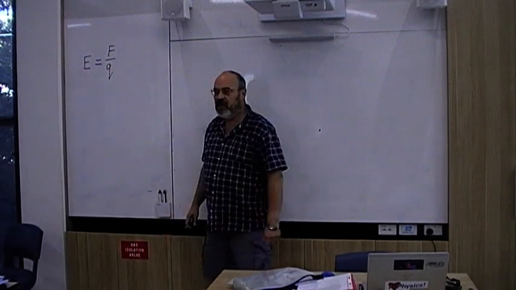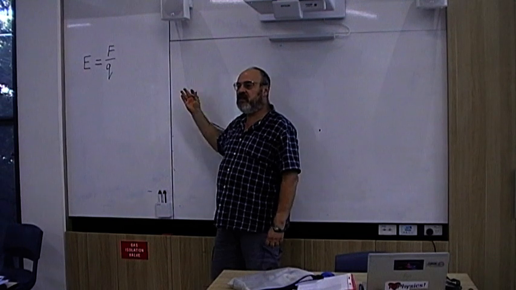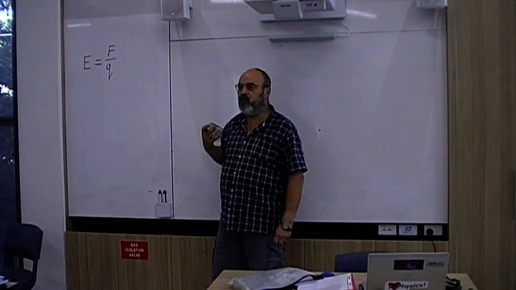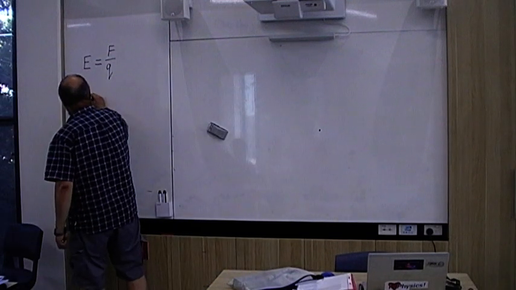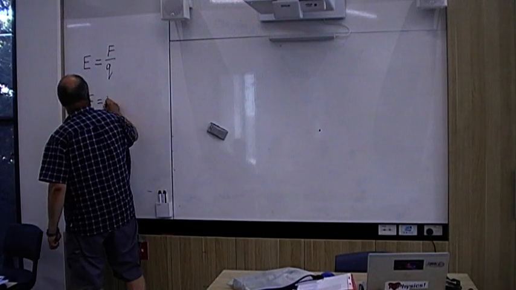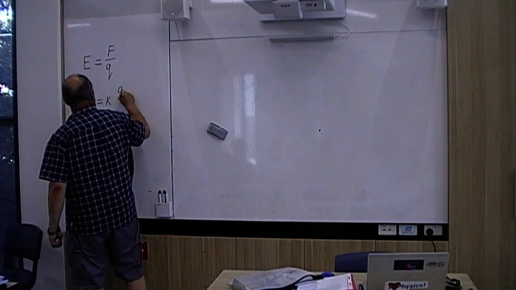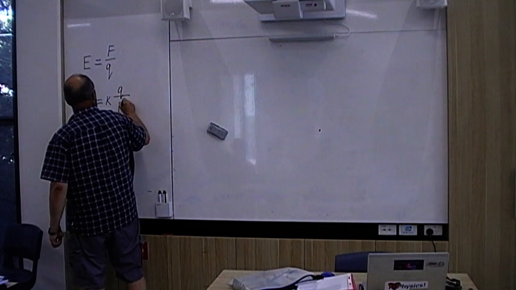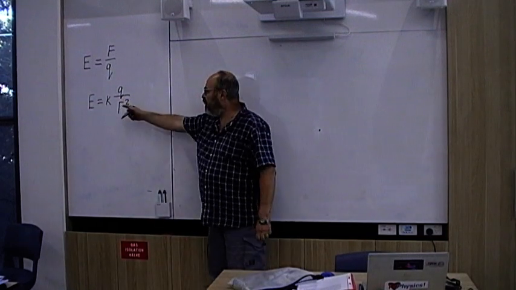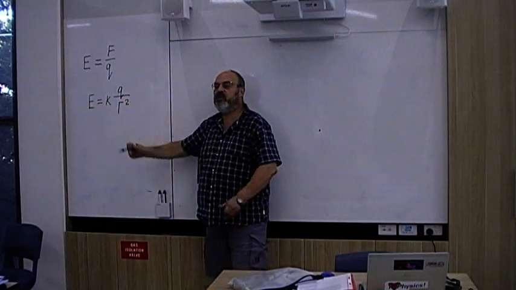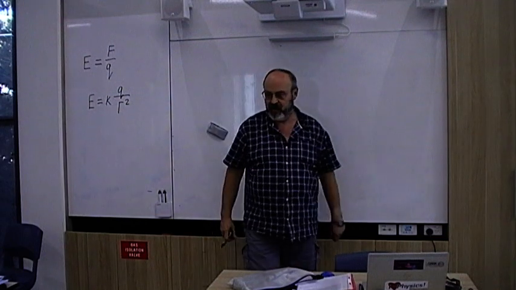In this way, this will not depend on what we bring. If we substitute force from Coulomb's law, we get E equals K Q over R squared, over the charge. So it depends only on the charge which creates the electric field.